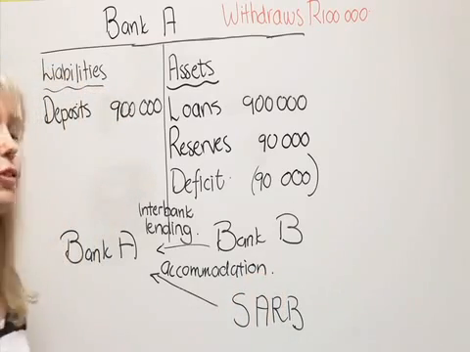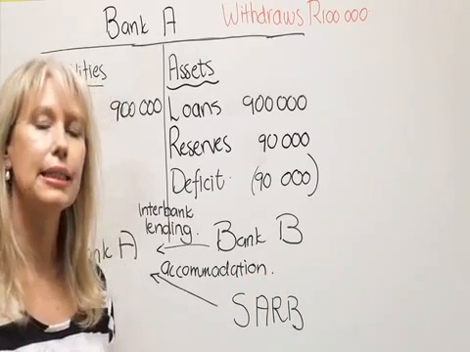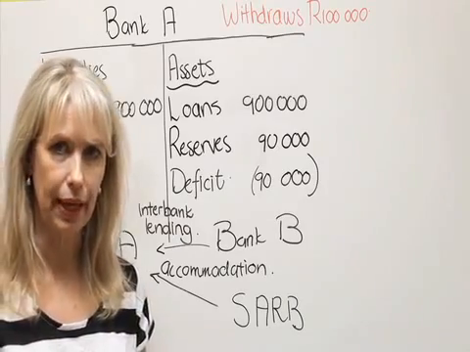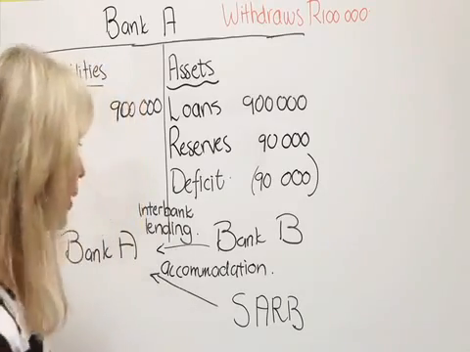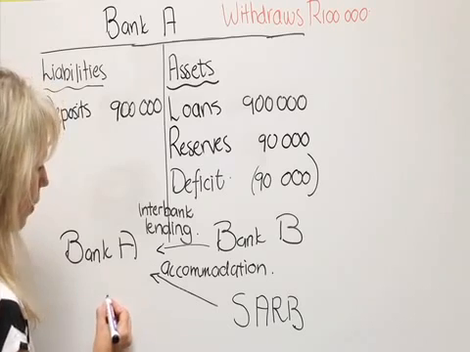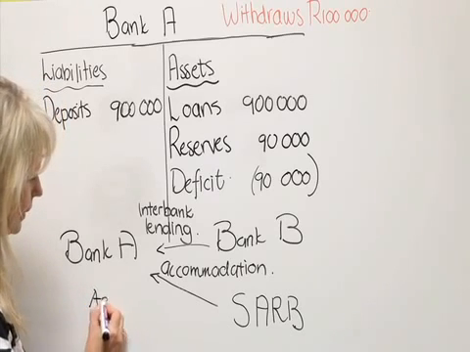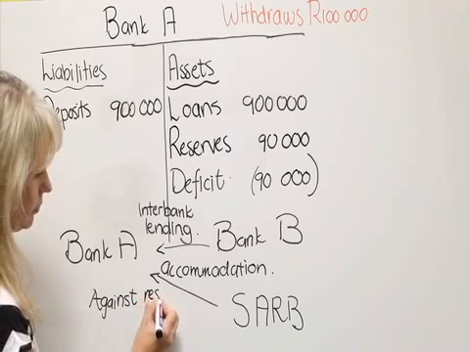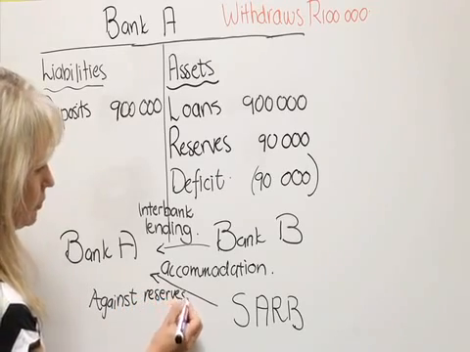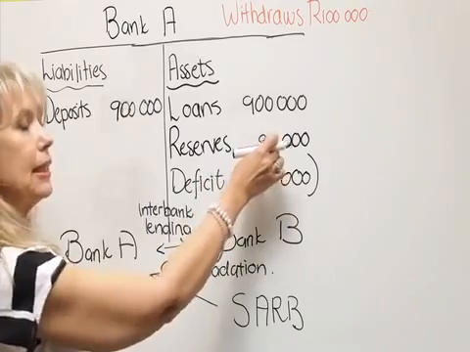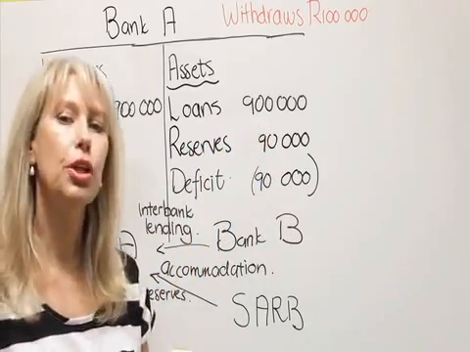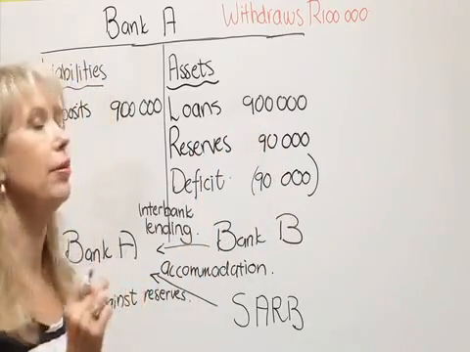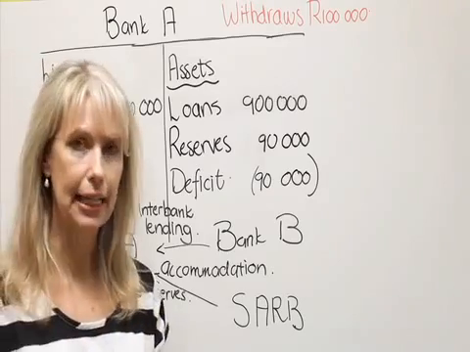Now, there are different ways in which banks can borrow from the Reserve Bank. The first way is by borrowing against their reserves. We've said that banks have to hold 2.5% cash with the Reserve Bank on a daily basis.